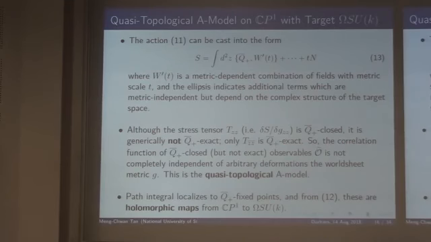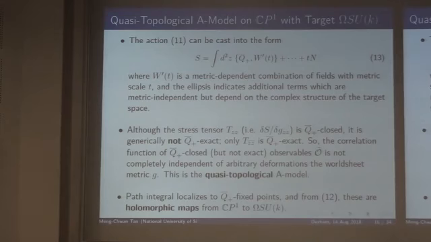Now this guy is Q plus closed. This means that if you take this stress tensor and act it on an operator to generate holomorphic transformations, it would change that operator to another operator which is still Q closed. So this transformation generates changes to the space of operators that leaves it in the Q homology. But nonetheless, even though it's Q closed, it is not Q exact.